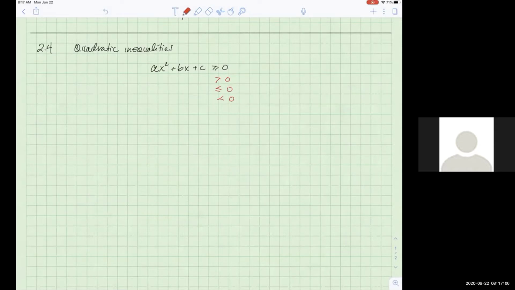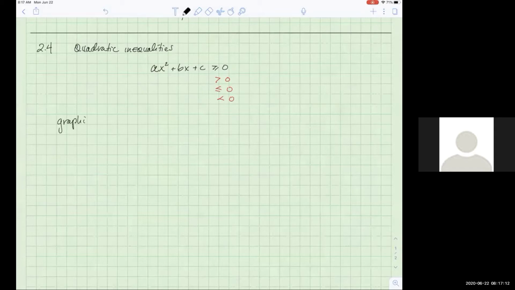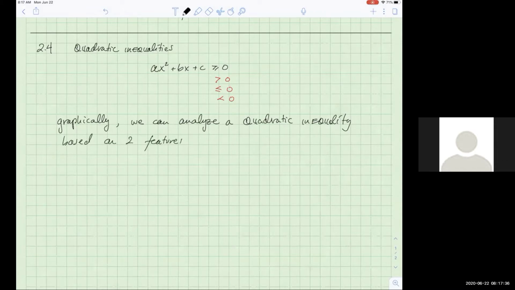And the idea is pretty straightforward. Graphically speaking, we can analyze a quadratic inequality based on two features of the associated quadratic function, parabola.